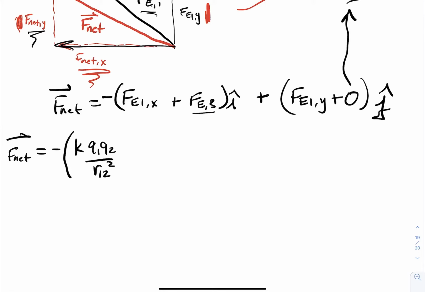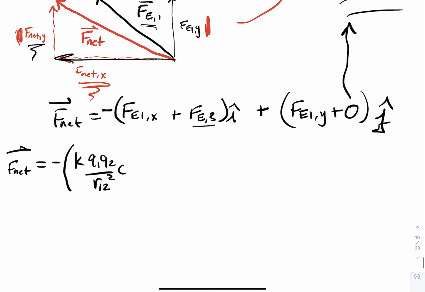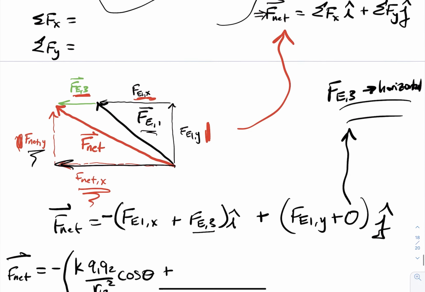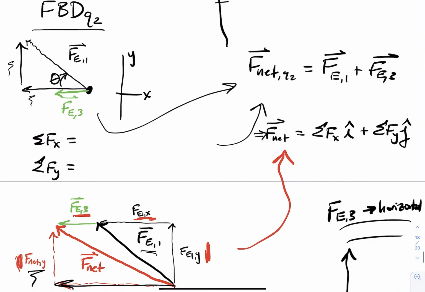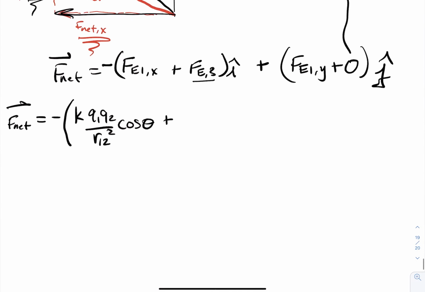And that's going to be the x component, which we said was cosine theta, plus the Fe3 is not on an angle at all, so we don't have to worry about thetas. So we have k Q2 Q3 over R23 squared. That's Fe3, and that's in the x direction.